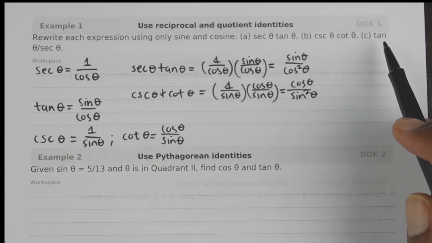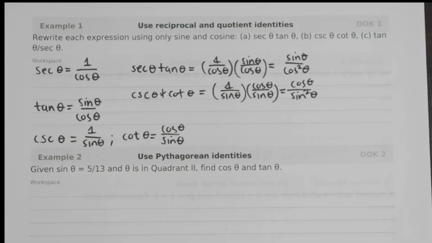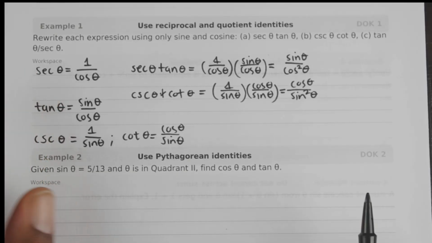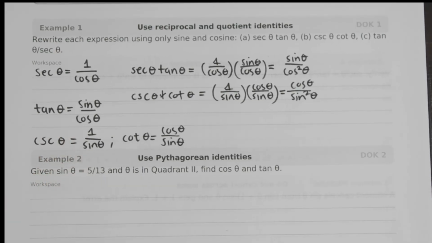Next, we need tan theta divided by secant theta. In this case, we're going to have a quotient.